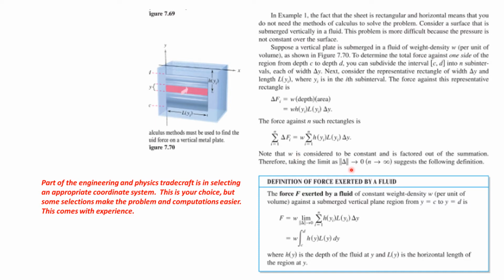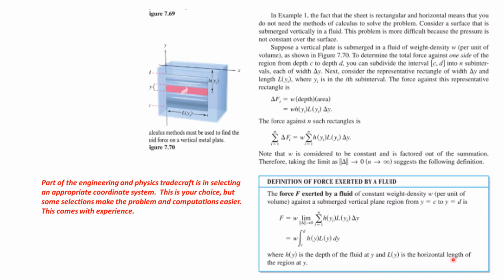Therefore, when we take the limit as n goes to infinity, and the length of the largest rectangle goes to 0, then we find that it's just W times the integral from C to D. It started at C and we went up to D. So you integrate in the limit h of y times L of y dy, where h of y is the depth of the fluid at y, and it is a function.